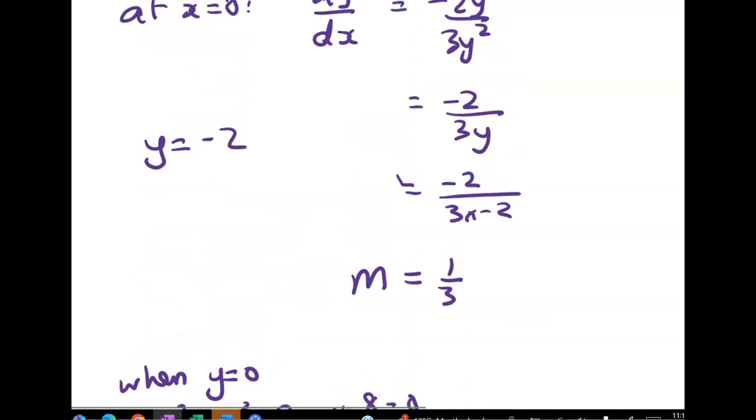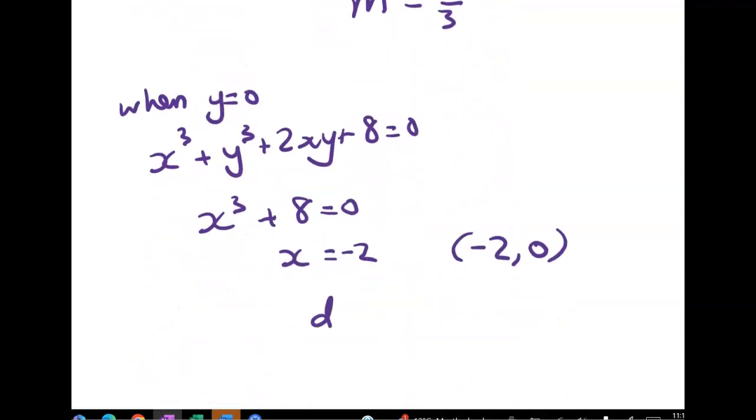And my gradient, dy by dx, was equal to this.